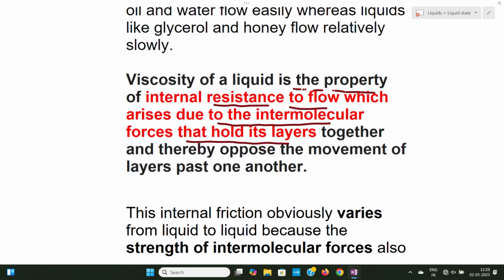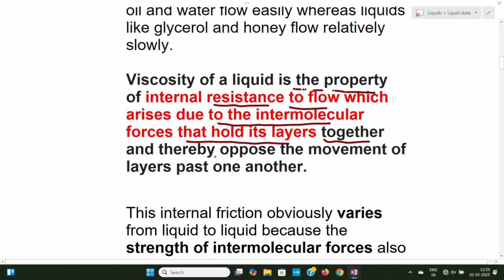The fluid has different layers, and because of the intermolecular forces that hold the layers, internal resistance occurs. Because of this internal resistance, the liquid has difficulty to flow. If some liquids have more internal resistance, those liquids will be more viscous. If the internal resistance is low, those liquids will have low viscosity.